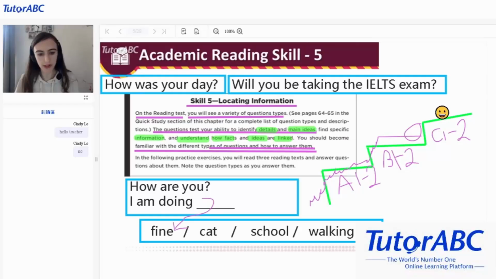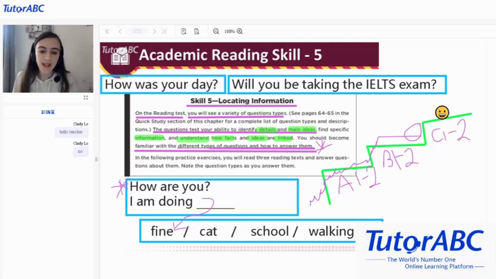Obviously I am doing fine. So that's also called matching, where you match to the answers. Those are the different types of questions that I wanted to introduce you to.